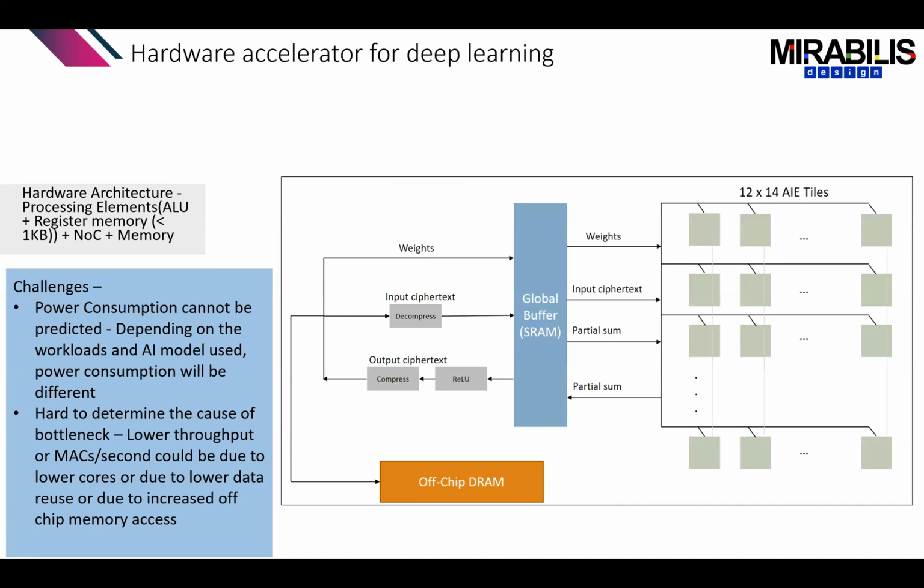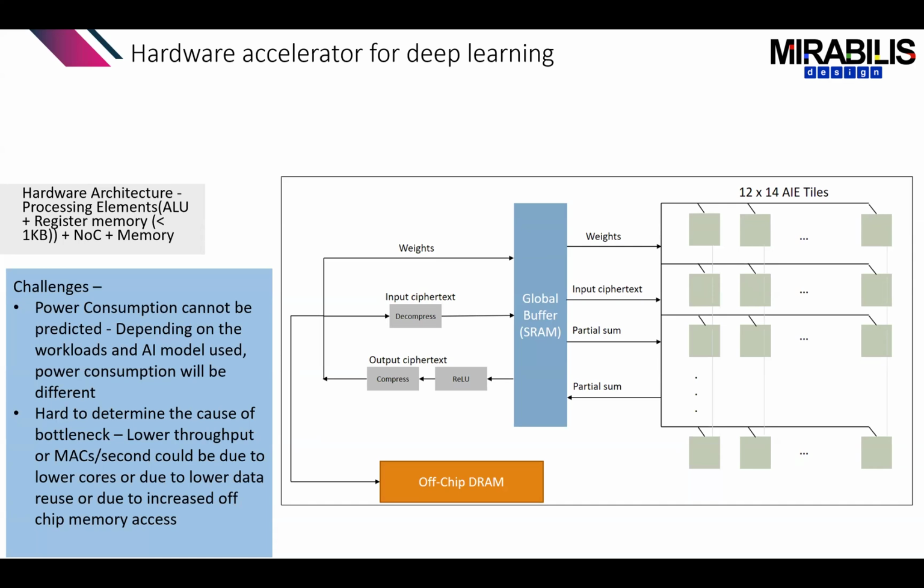Now, when you look at the hardware accelerators, typical hardware accelerators use some sort of an AI engine that has an ALU plus some registers, very small memory, with a NOC that connects them all together, and an external DRAM. One of the things that's very important here is that these things, especially the DNNs, can consume a significant amount of power. So it's very important that you keep the power low.